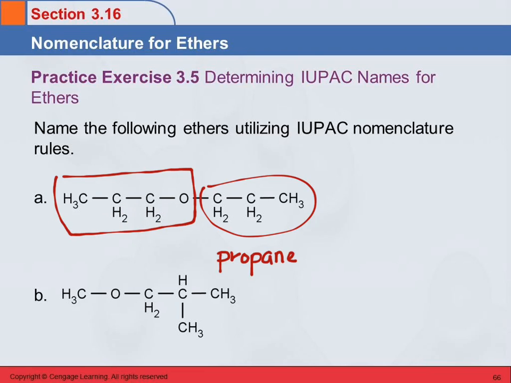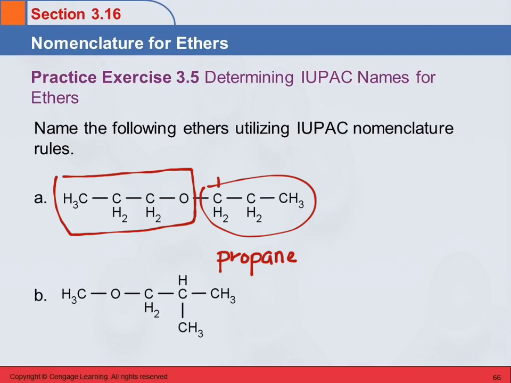Am I saying that right? Some of these get kind of funny. So it'll be propoxypropane. And then we have to say where it's attached. So on this guy, we want it to be on the lowest number, so we're going to number from here.